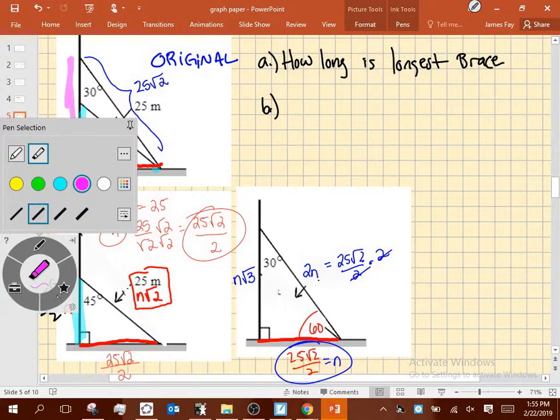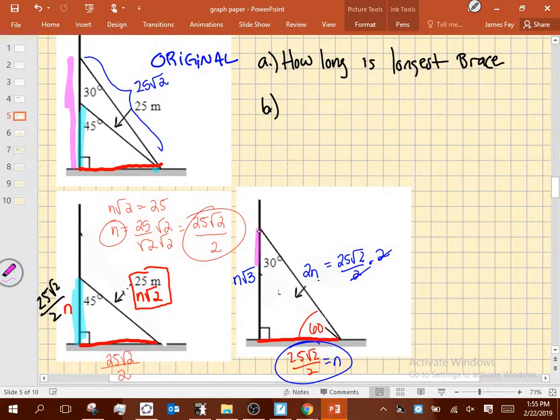The purple one would be this distance here, which we haven't figured out yet, but it would be that number there times what? Radical 3. So to find that purple distance, I'm going to take 25 radical 2 over 2 and multiply by radical 3. You guys remember how to multiply radicals like that?